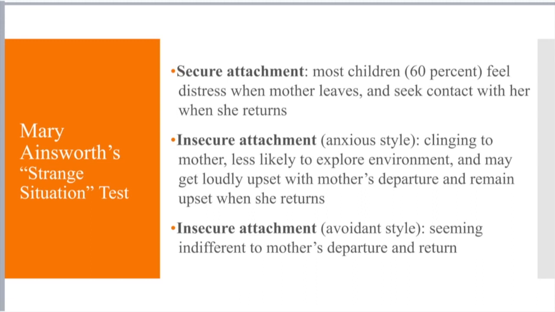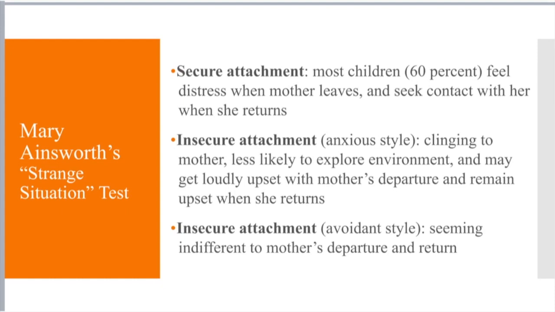This was work done by Mary Ainsworth, in which a child was put into a strange situation test. If a child had a secure attachment with a parent, guardian or family member, most children feel distressed when the mother leaves and seek her contact when she returns. That's just a normal child developing attachment for a parent, right?